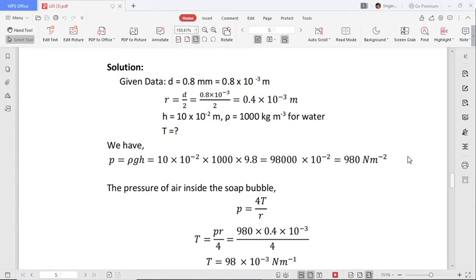D is equal to 0.8 millimeter, that is 0.8 into 10 to the power minus 3 meter. R is equal to D by 2, that is 0.8 into the power of minus 3 by 2, that is equal to 0.4 into the power of minus 3 meter. H is equal to 10 into the power of minus 2 meter. Rho is equal to 1000 kg per meter cube for water. T is the surface tension. What is the value? You have to calculate.